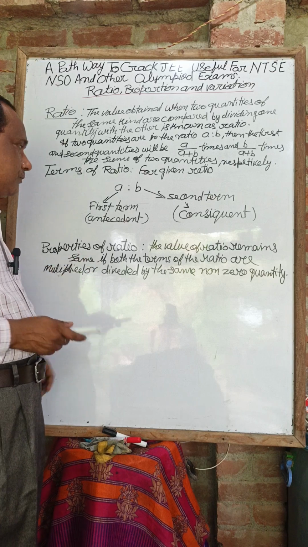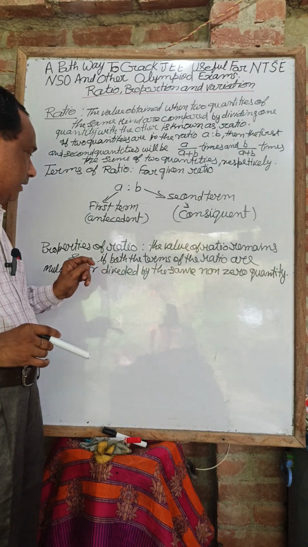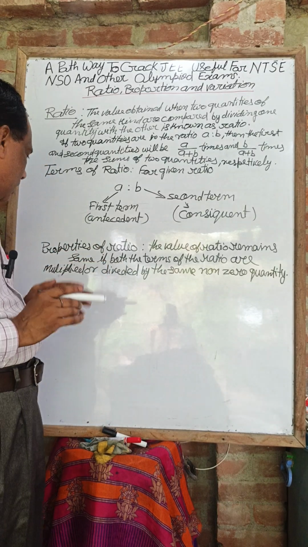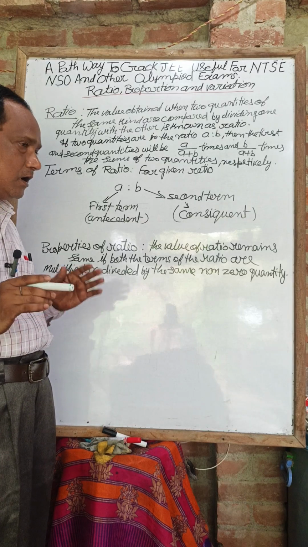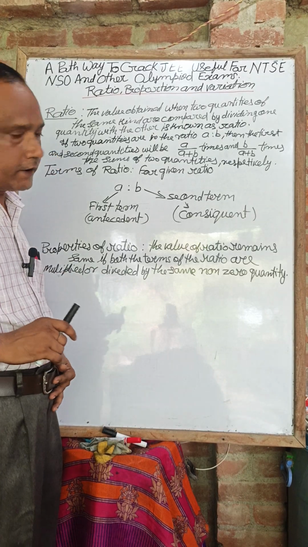Properties of ratio: the value of a ratio remains the same if both the terms of the ratio are multiplied or divided by the same non-zero quantity.